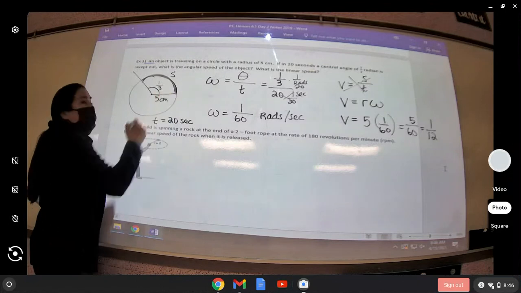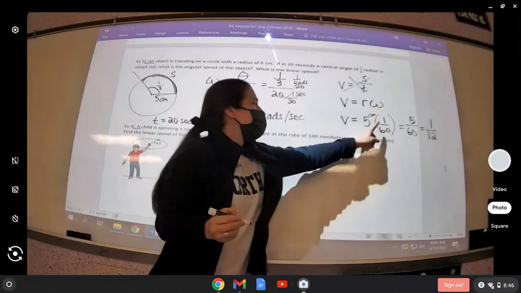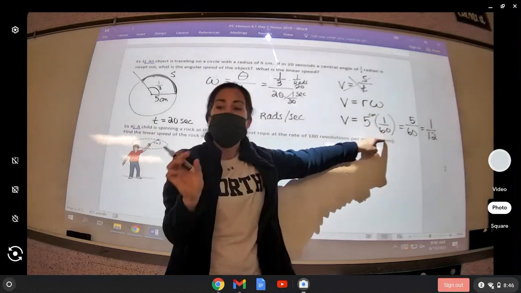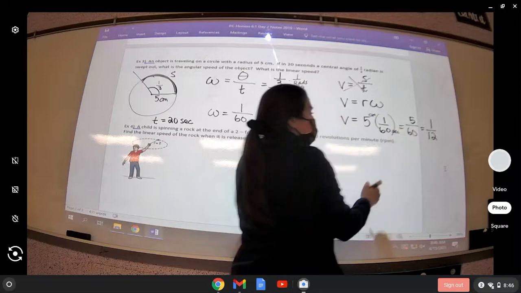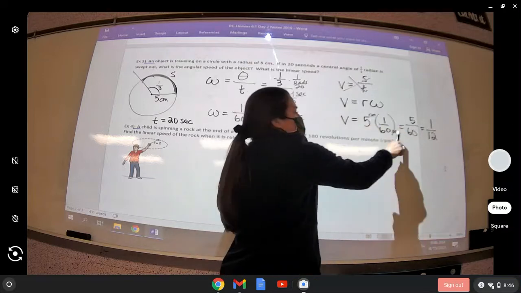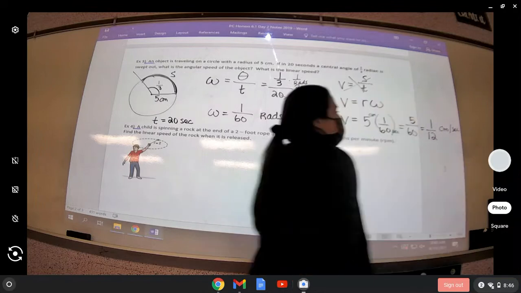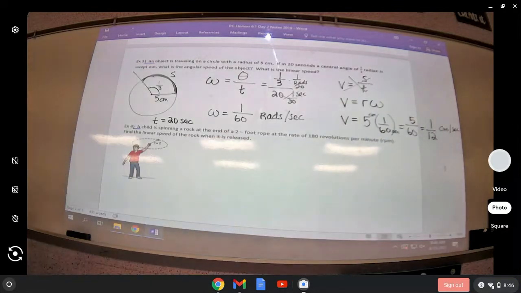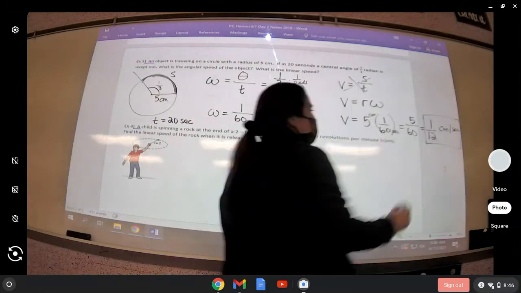So your radius was 5 centimeters, right? So this is centimeters. This is rads per second, but usually remember, rads don't get labeled. So you have rads per second, so this becomes centimeters per second. So its speed at a linear rate is 1/12 centimeters per second.